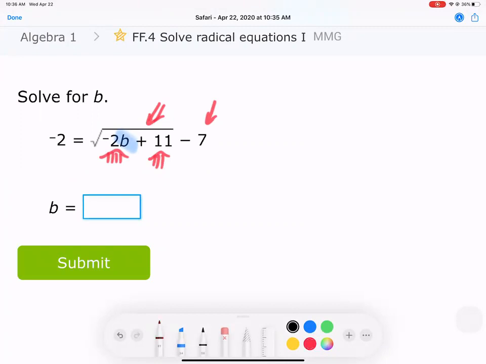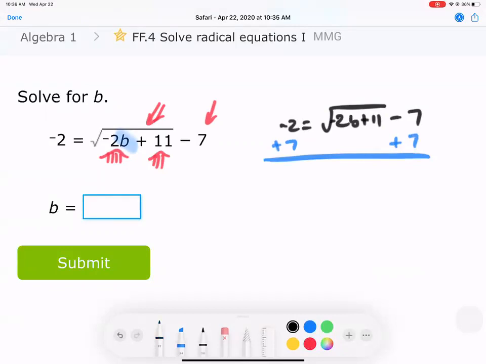We'll rewrite the problem. -2 is equal to the square root of -2b plus 11, minus 7. We said we're going to get rid of the 7 first. Opposite of minus 7 is plus 7 to both sides. 7 minus 2 is 5.